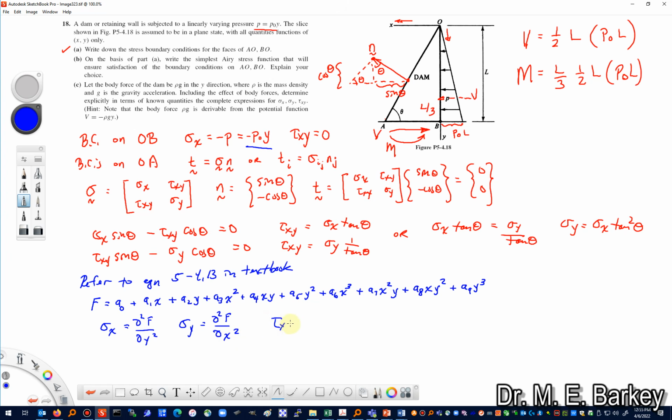And tau xy is equal to minus the second partial of f with respect to x and y. And sometimes the way I will write this is I'll just say the second partial of f with respect to x and y is equal to minus tau xy. Kind of depends on how I get this set up and when I get the partial derivatives.